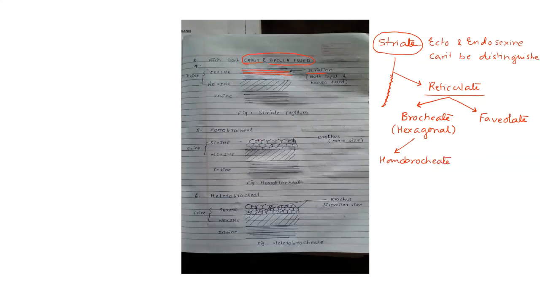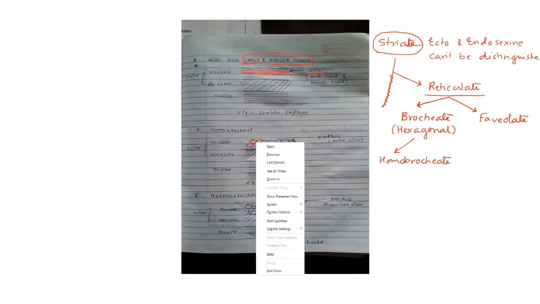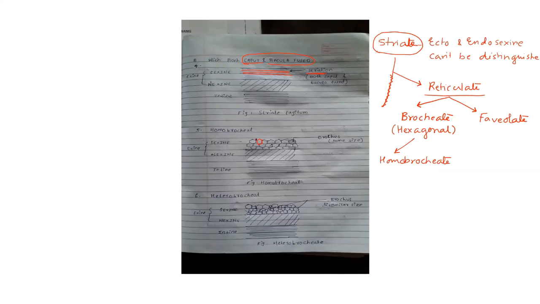Look at this case. All are hexagonal, but all the dimensions are the same. They are of similar dimensions. Then they are referred to as homobrochiate. So now you can guess the second type, yes, it is referred to as heterobrochiate. Why heterobrochiate? You can see here, some are large in size, some are smaller in size.